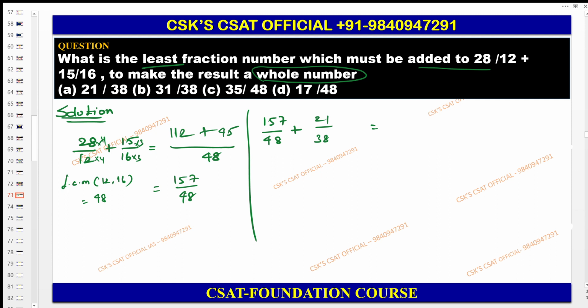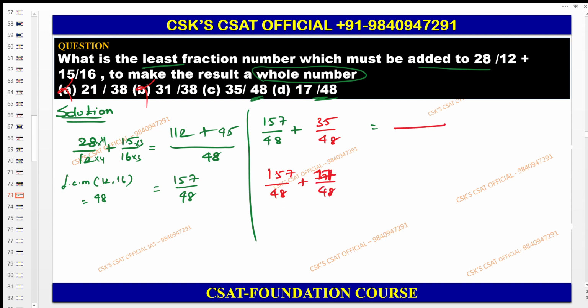If you are going with 21 by 38, what will happen? Before that, we already have 48 in the denominator, so you can eliminate A and B. People understanding why we are eliminating A and B? Yes, sir. Clear. So don't waste time in the examination. Now we are left with two options, which gives a whole number.